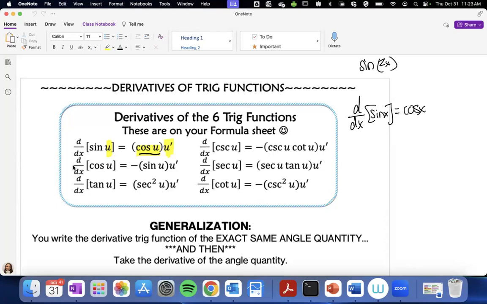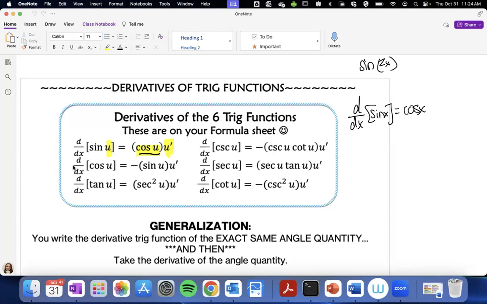If you're in AP Calc, you'd have to, but we don't. So cosecant u is negative cosecant u cotangent u times u prime. Secant u tangent u times u prime. Cotangent u is negative cosecant squared of u, the exact same quantity of u, then times u prime.